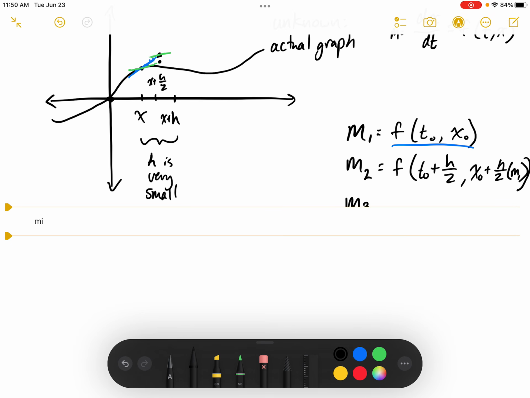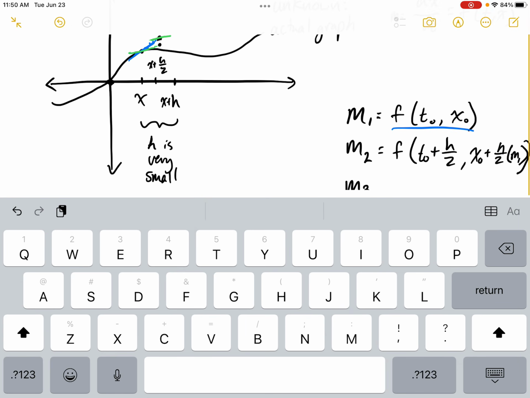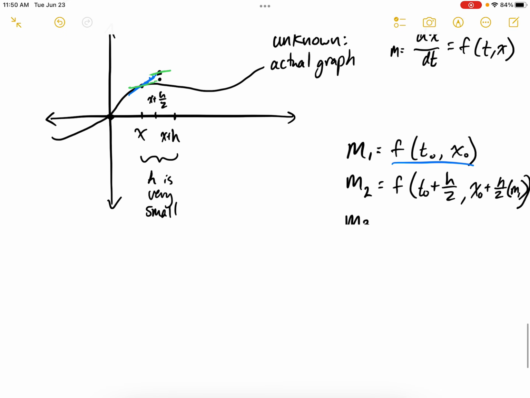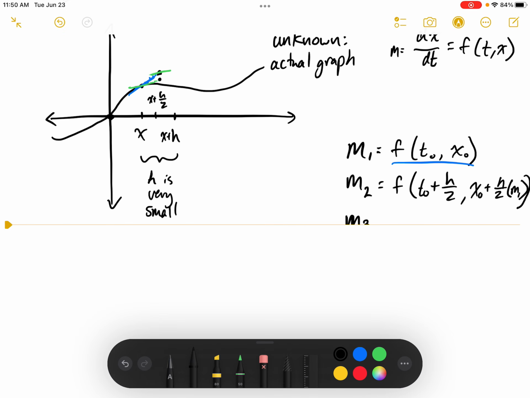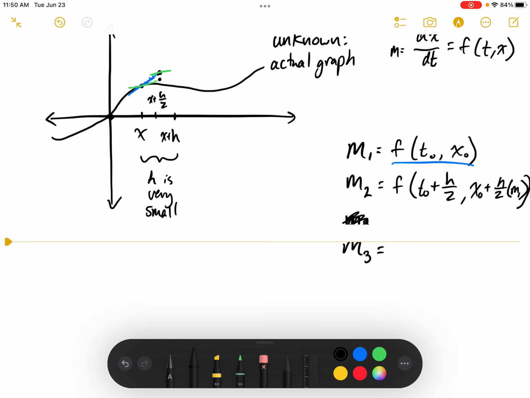So we now have m3. m3 is equal to f of t naught plus h over 2, so same thing as before, and now we have x naught plus h over 2 times the previous slope, so m2.